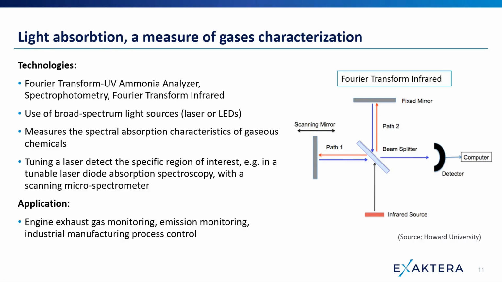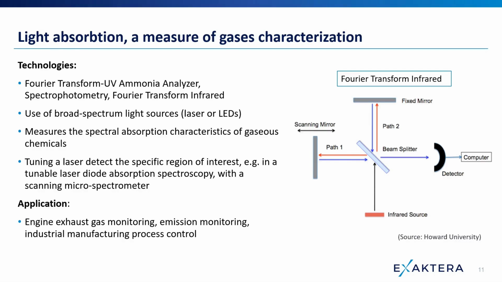Alongside the light scattering method, an alternative optical technique might well be used to analyze the gas phase in which the particulates are suspended or dispersed. Again, this is applicable to many different market segments, including vehicle exhaust monitors and the measurement of emissions from other combustion and industrial manufacturing processes.